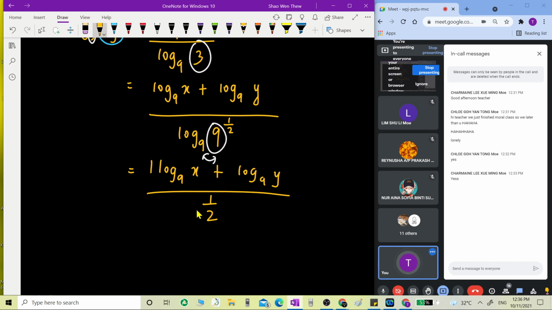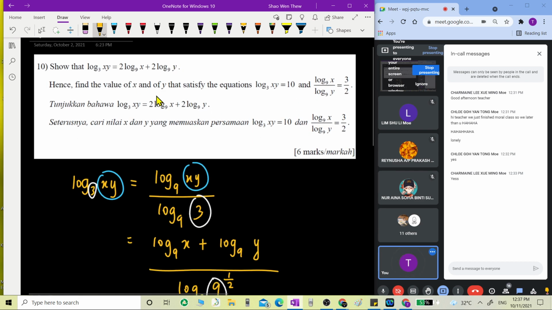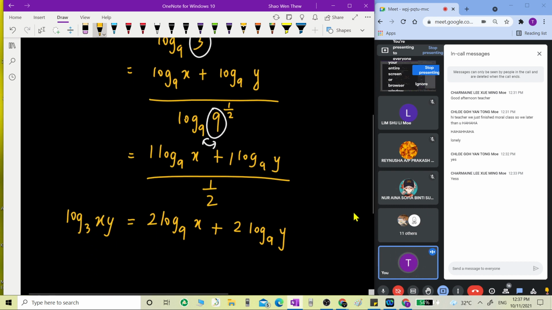If you still don't know, use your calculator and you get 2 log 9x, 1 divided by 1 over 2, 2 log 9y. Very simple. Here you need to show the steps to get the answer only. So this is log 3xy equal to 2 log 9x plus 2 log 9y.